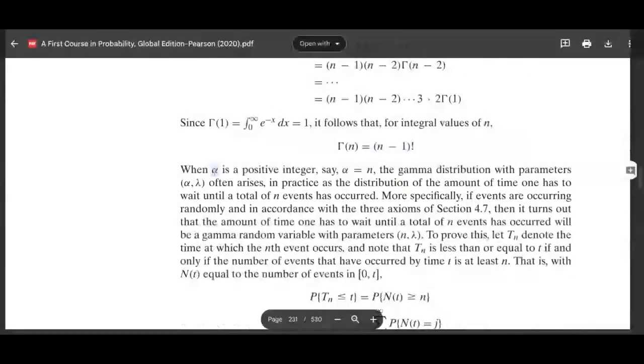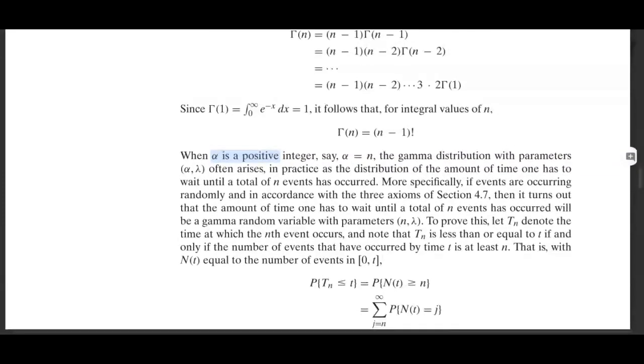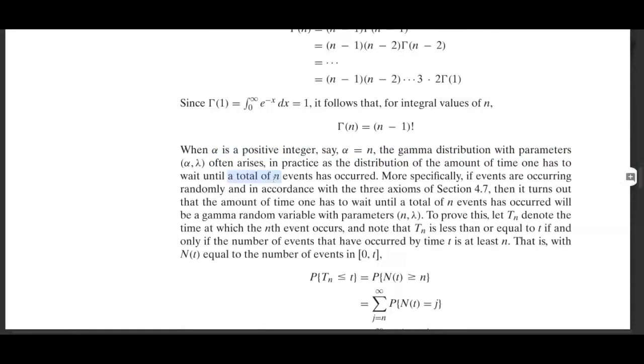When alpha is a positive integer, say alpha equals n, the gamma distribution with parameters alpha, lambda often arises in practice as a distribution of the amount of time one has to wait until a total of n events has occurred.